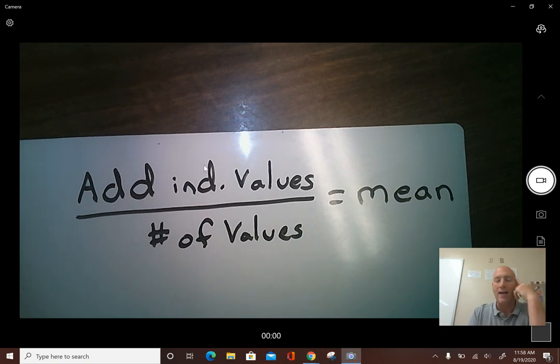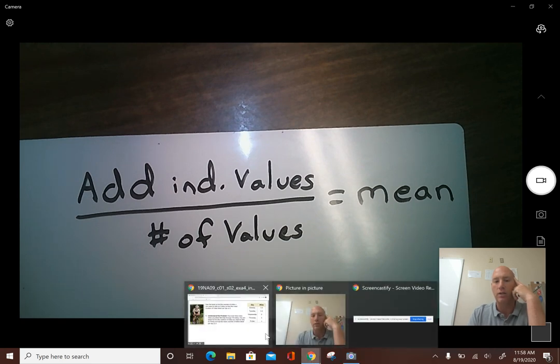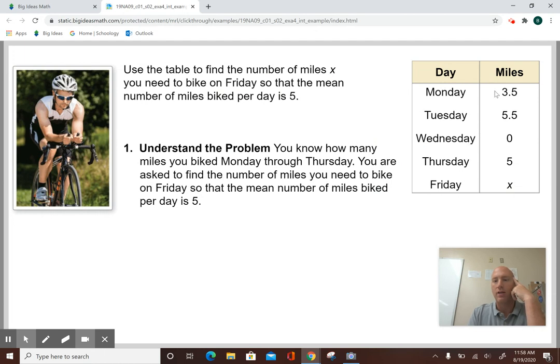So now I need to know what to plug in for each of these things. When you look at the chart, here are all the individual values. Who cares if X is one of those values? It's just part of it. So here are all the individual values, then we divide by the number of values, and it will equal the mean. But here they gave us the mean. That's the little tweak in this problem.